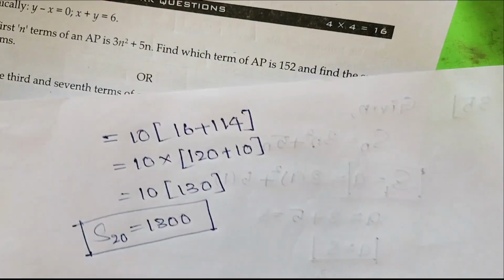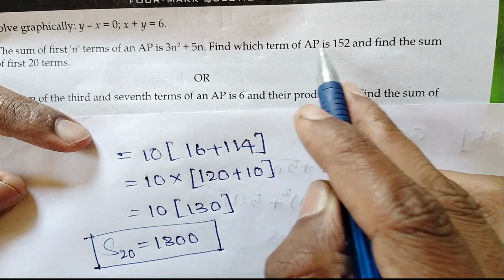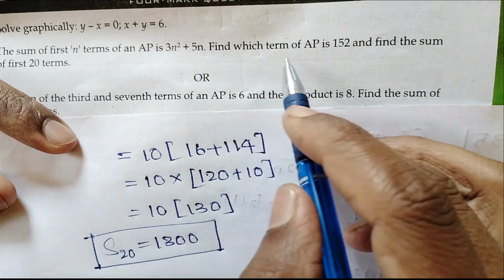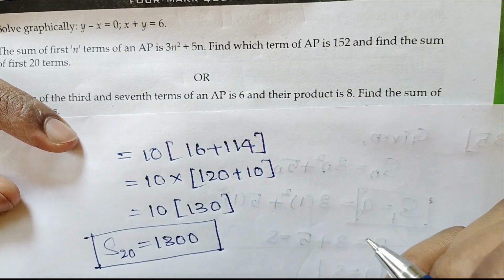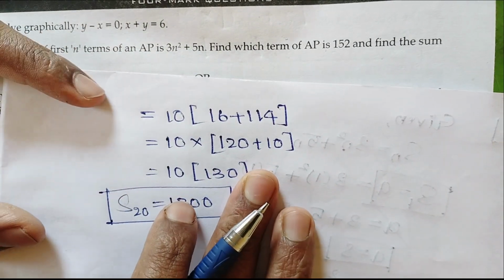Then we have to find another: which term of the AP is 152. We have to find n for which it is 152. We have to find Tn.